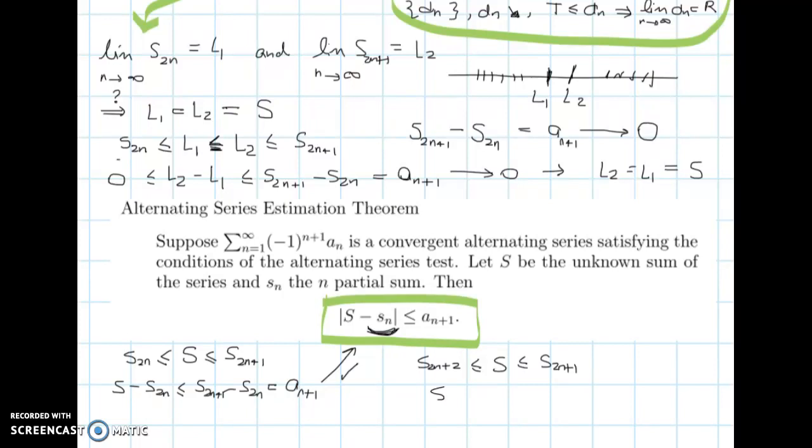So now when I look at the difference between the sum and the odd term, in this case I do need the absolute value, but it's going to be less or equal than the difference between s_{2n+1} and s_{2n+2}, and that difference is exactly the term a_{2n+2}, as we wanted to prove.